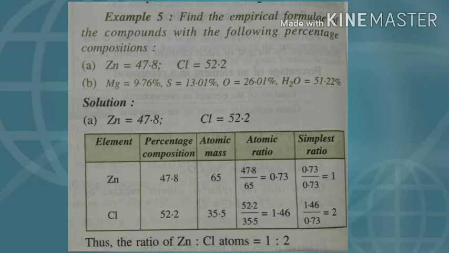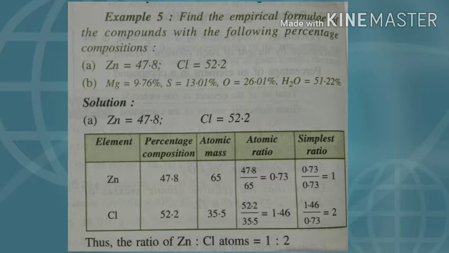Now in the last column we have to find the simplest ratio. How can we find the simplest ratio? From this atomic ratio you have to select the smallest number. Here we have got the atomic ratio as 0.73 and 1.46. Atomic ratio of zinc equal to 0.73 and that of chlorine equal to 1.46.